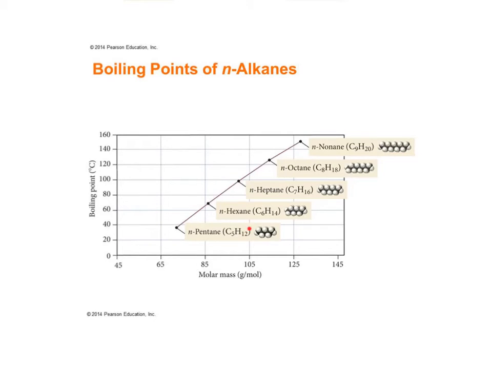As we go up in molecular weight, so does the boiling point. We have more atoms and more area where they can interact. So in this case, there are actually two reasons why these boiling points are going up. One, molar mass, and two, since these are straight chains, there's more surface area to interact with.